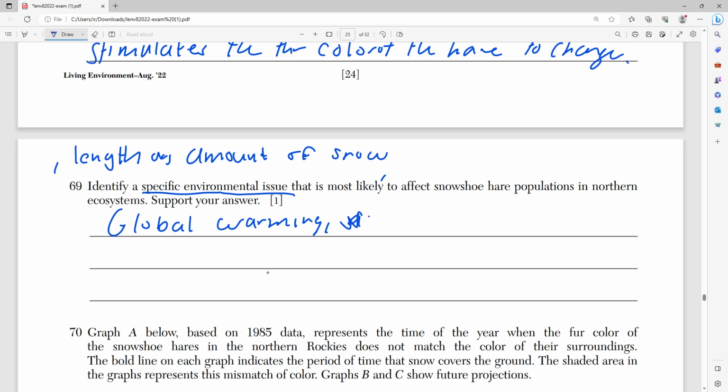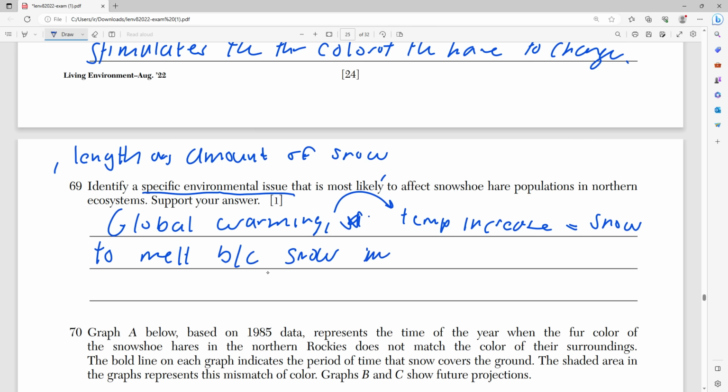So you could say global warming, temperature increase, and that causes snow to melt, right? Because snow melts, hares are more prone to predators, right?